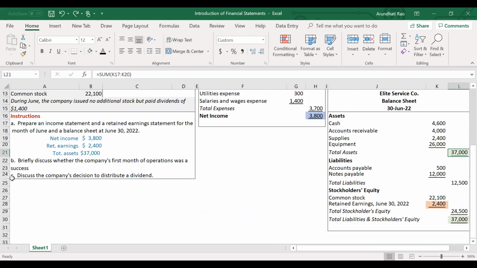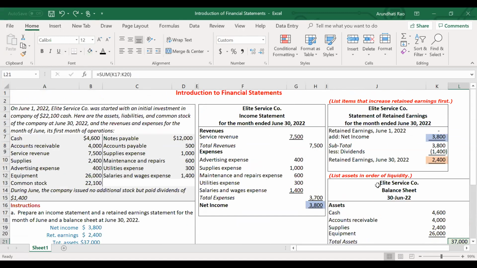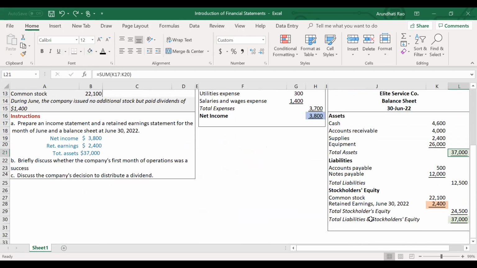Next question they're asking you is to discuss the company's decision to distribute a dividend. Most companies, again, do not distribute dividends initially because they don't show profit. This company did just have a profit, so good for them. Also remember, stockholders are a little nervous. If I was the investor and gave 22,100, and the very first month you turn around and give me $1,400 and tell me my investment has gone up, I'm going to be very happy with you.